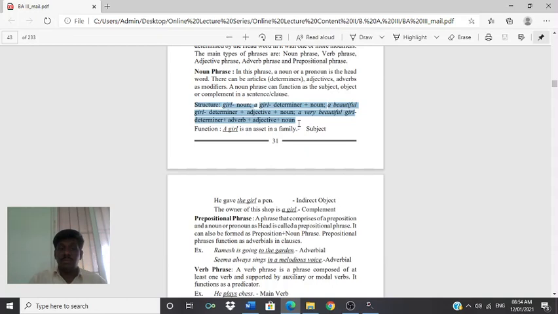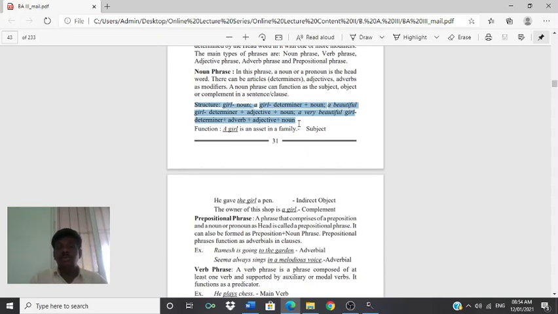See the function. A girl is an asset in a family. The entire sentence is about a girl. So it is a subject. He gave the girl a pen. It is an indirect object. The girl is a noun phrase. The owner of this shop is a girl.